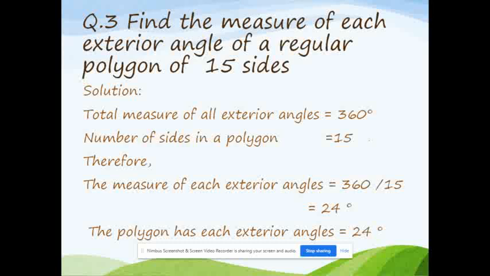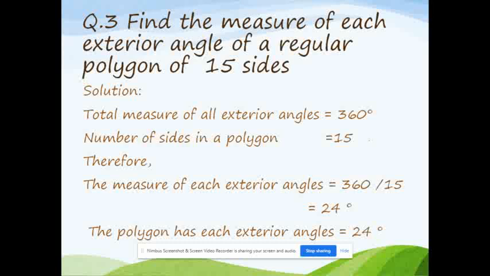Solution. The total measure of all exterior angles is 360 degrees according to the rule. The number of sides in the polygon is 15. Therefore, the measure of each exterior angle is equal to the total measure of exterior angles of a polygon divided by the number of sides.